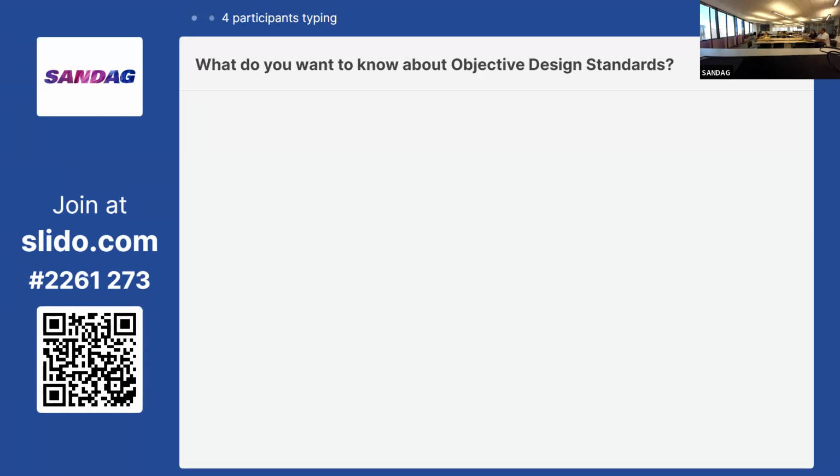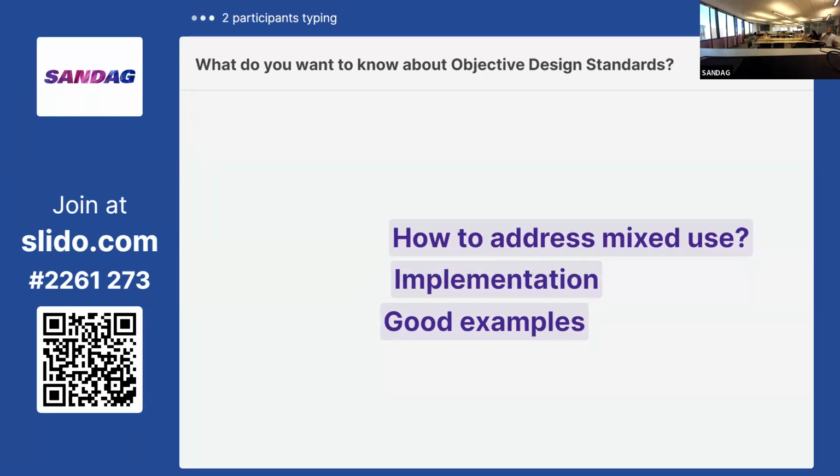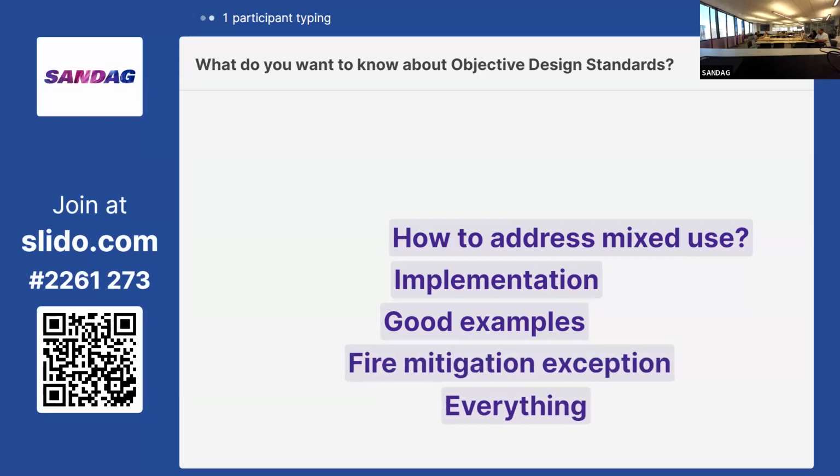What do you want to know? How to address mixed use? Do we have any good examples? Implementation. Give it a little longer here. Everything. That's fair. Fire mitigation exemption.